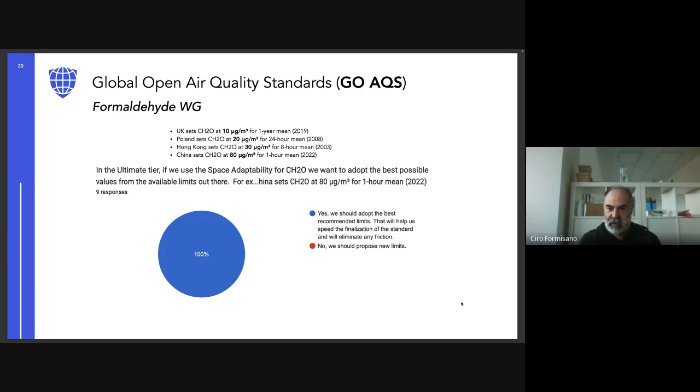So different things that we have to clarify. And probably we have to focus on the second one, not on the limit of exposure in workplaces.